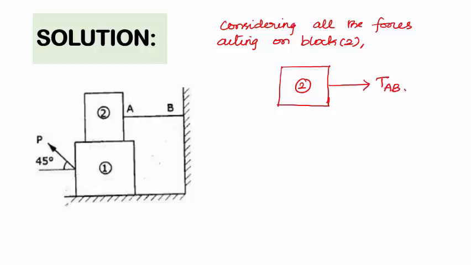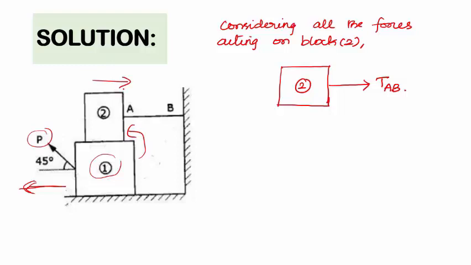When block 1 experiences impending motion by this load P, block 1 will try to move along the direction of the applied force P. When block 1 impends in this direction, block 2, placed on block 1, will experience a little movement in the opposite direction.